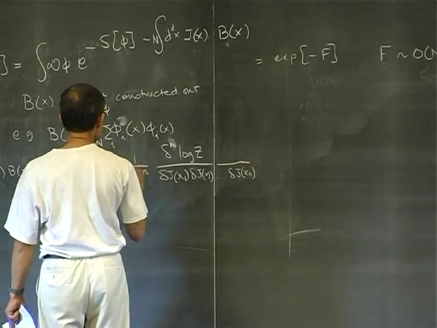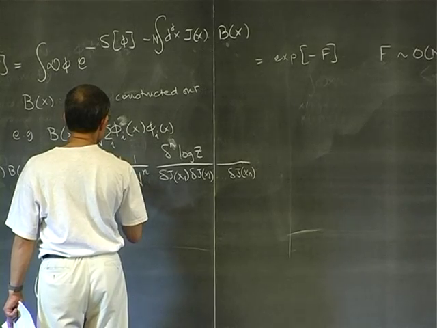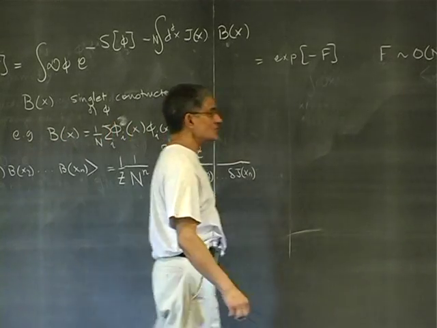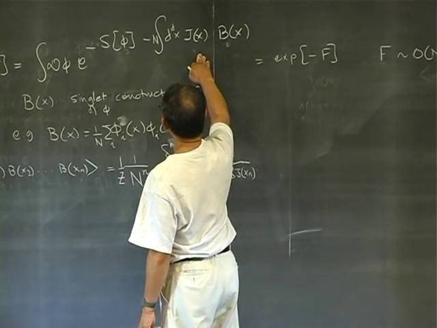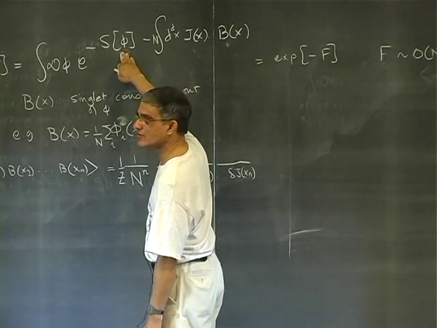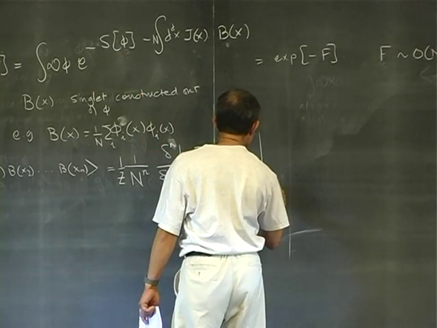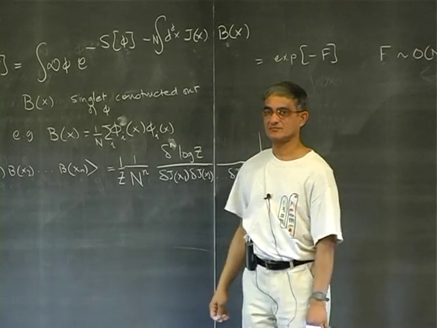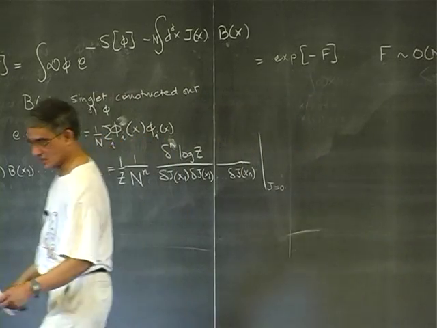At the end of the day, I have to divide by 1 upon Z to actually get the average. If I am interested in the correlation functions of the theory which is just defined by S of phi, I'll evaluate this and put all the J equal to 0.